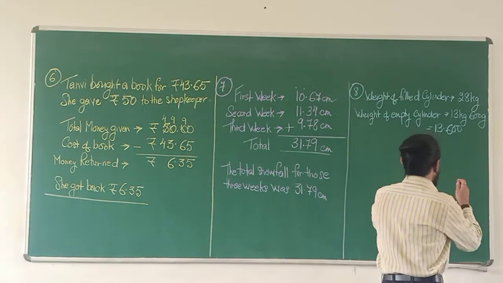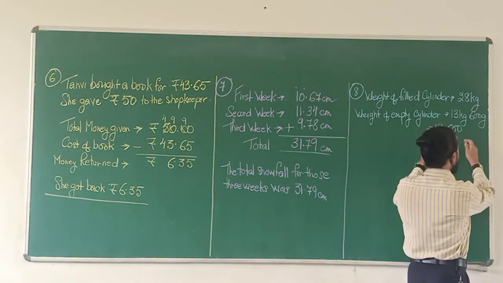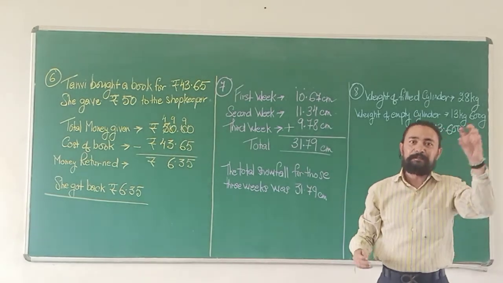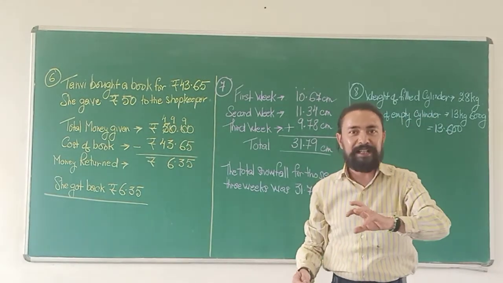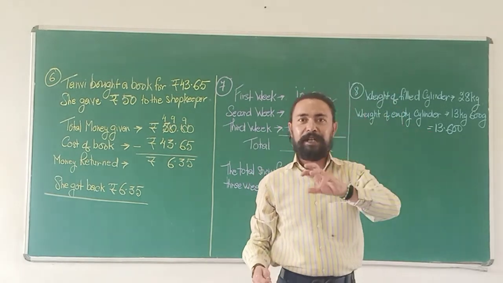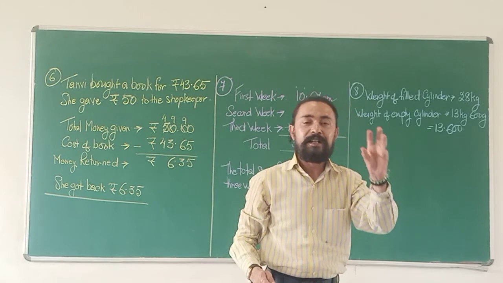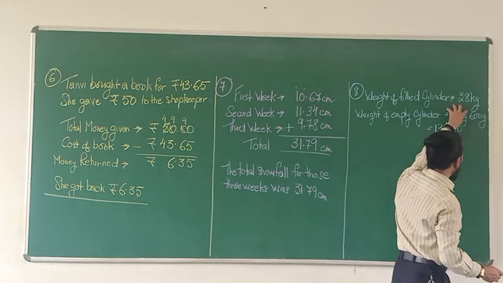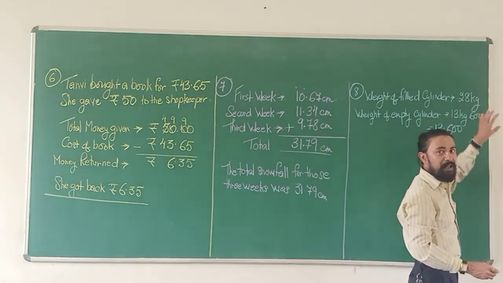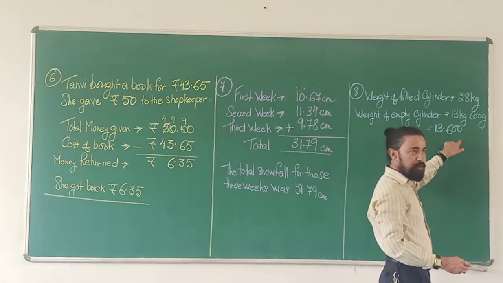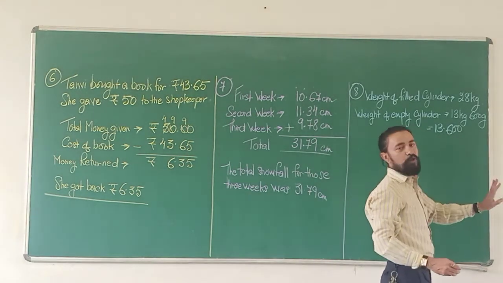The whole part of the empty cylinder is the 13 kgs because it is grams that makes the kgs. Kgs don't make grams. So kg is the whole, grams is the part. So this is the whole part and this is the decimal part. Don't get confused. So you can write 13.600 or 13.6 also will do.